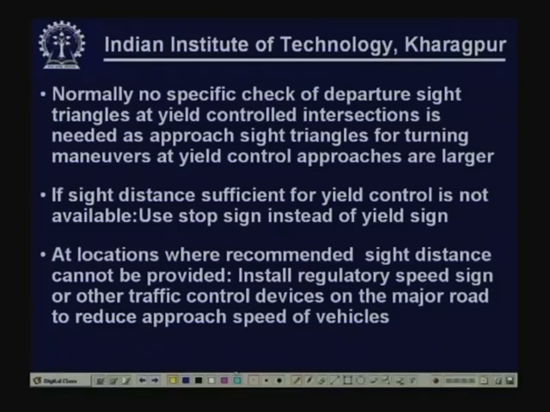Remember that we are talking about the major road, to reduce the approach speed of vehicles, because for a given time gap the actual length required will depend on the design speed. So, if a regulatory measure is taken to reduce the speed, either by a regulatory speed sign or with the help of other traffic control devices, then the required side distance along the major road can be minimized.